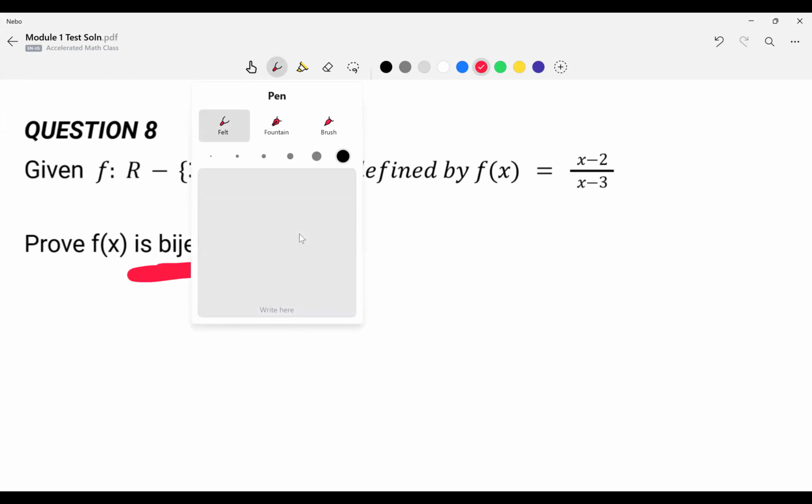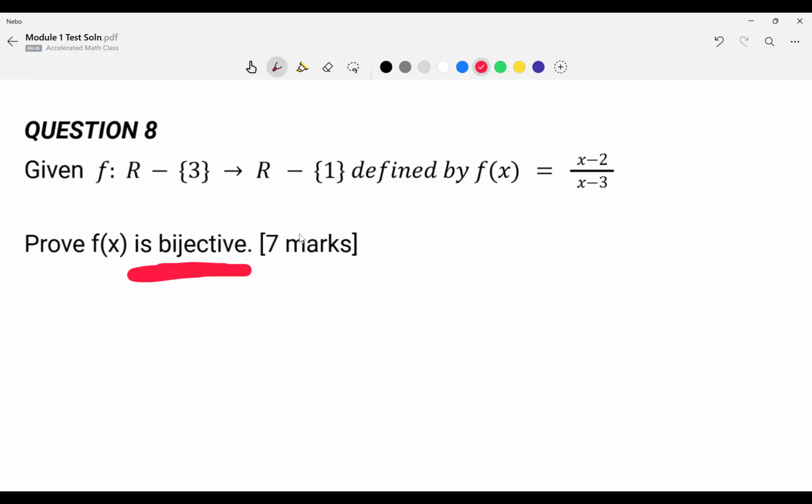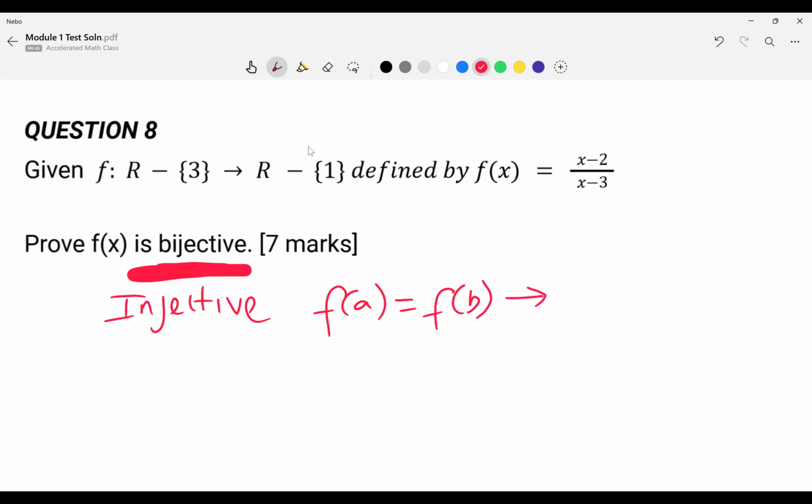So the first step is to just prove injective, which we remember is us saying that if we plug in A and B into the function, then we know for a fact that A can only be B, cannot be any other value.